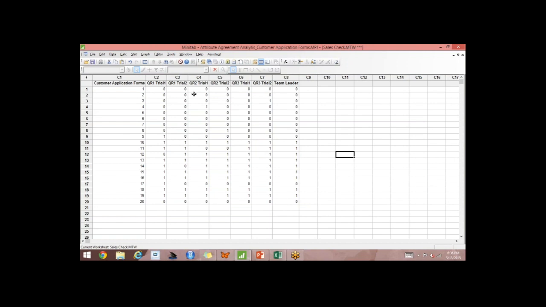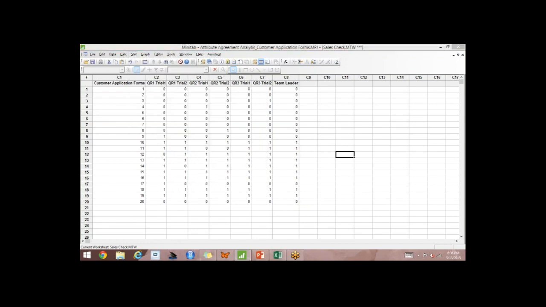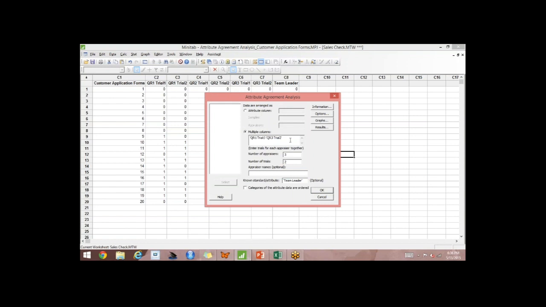Let us do this. Let us go to Stat, Quality Tools, and then let us click on attribute agreement analysis. These things are already populated because I have already performed an exercise on this. Okay, this is how it would look initially. All right.